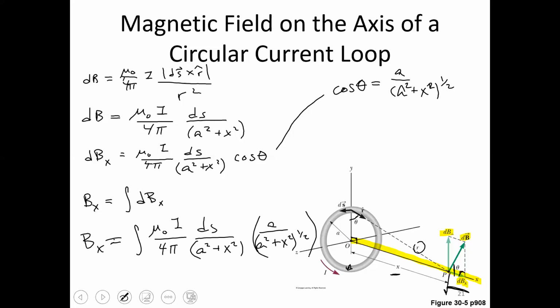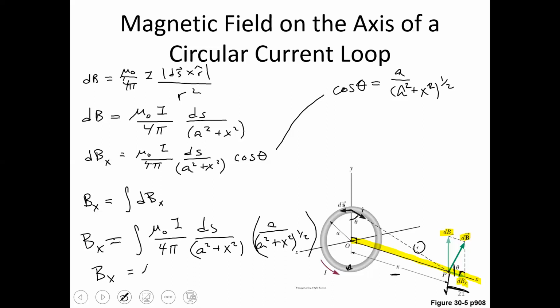So I can begin to simplify this, and really this integral, I am going to go around the whole loop of ds. So everything in this integral is a constant except for ds. And if I'm going to integrate around that whole loop, I'm really just going around a circle.